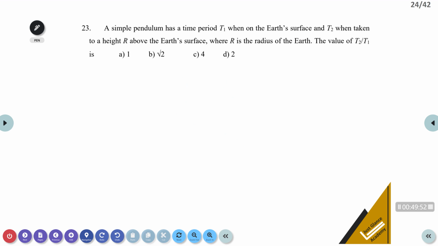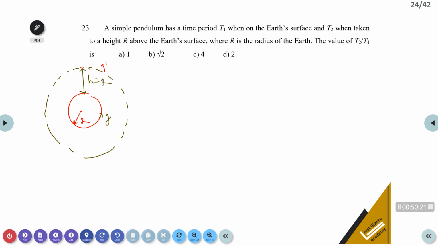A simple pendulum has a time period T1 when it is on the Earth's surface and T2 when it is taken to a height R above the Earth's surface. Remember, one shortcut I told you in the regular class. This is your Earth's surface, R. When I am going to a height h equal to r, this is g.